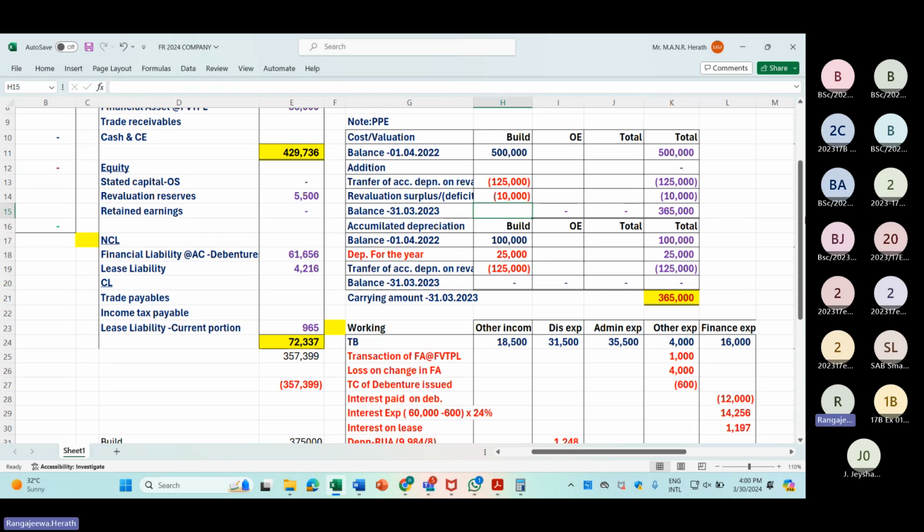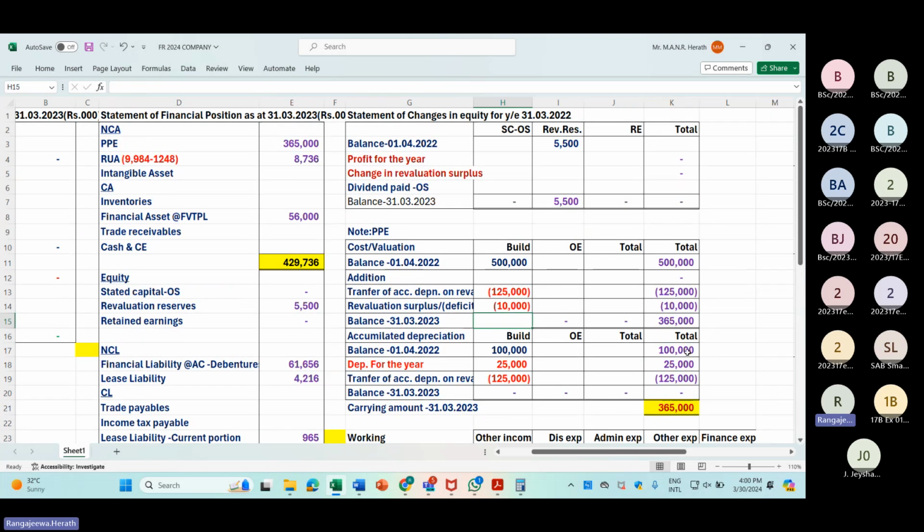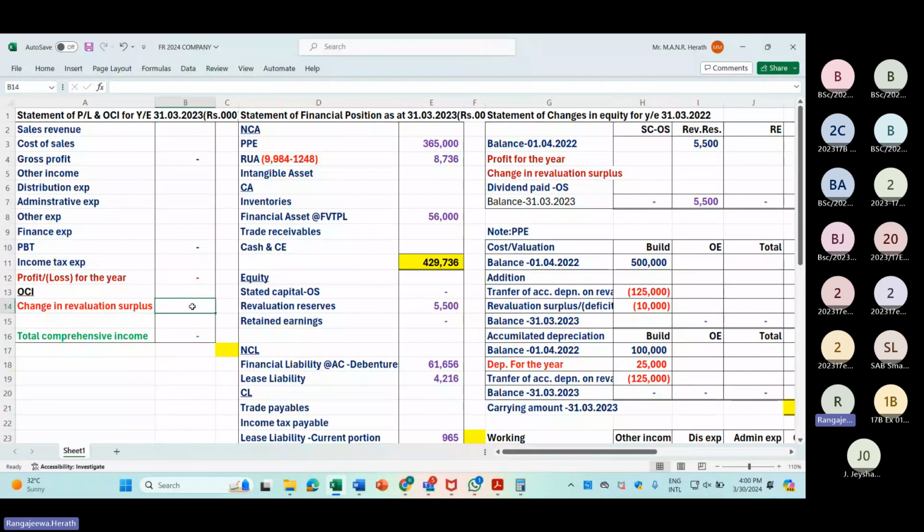Now out of this 10,000, 5,500 is the reversal of previous surplus. Here we have 5,500 previous surplus. So you can reverse this 5,500, negative other comprehensive income, minus figure.